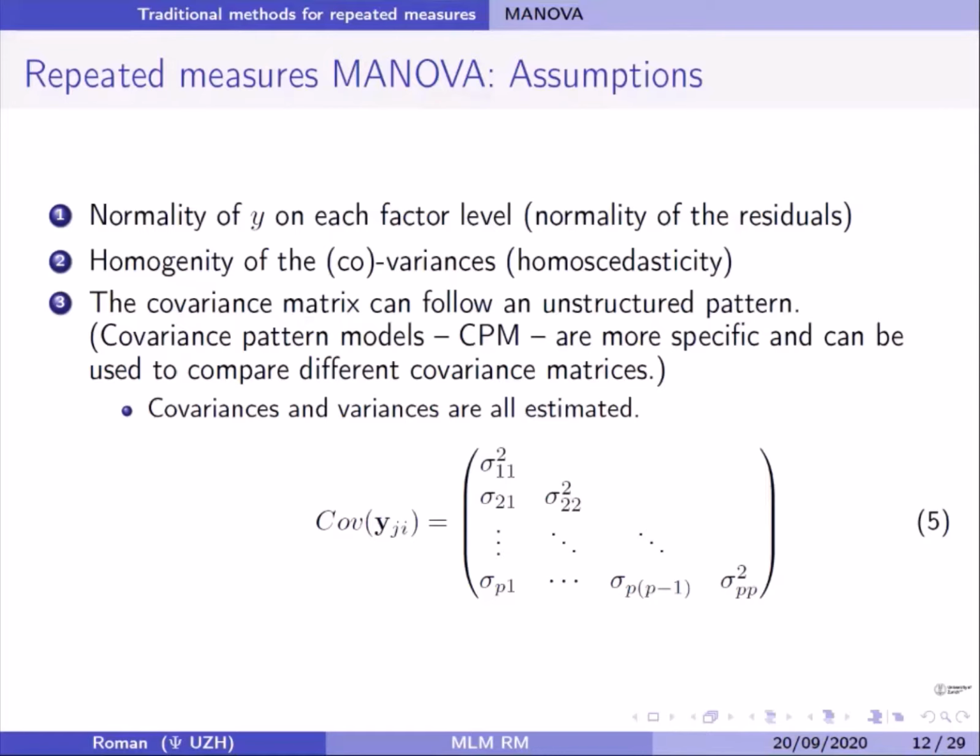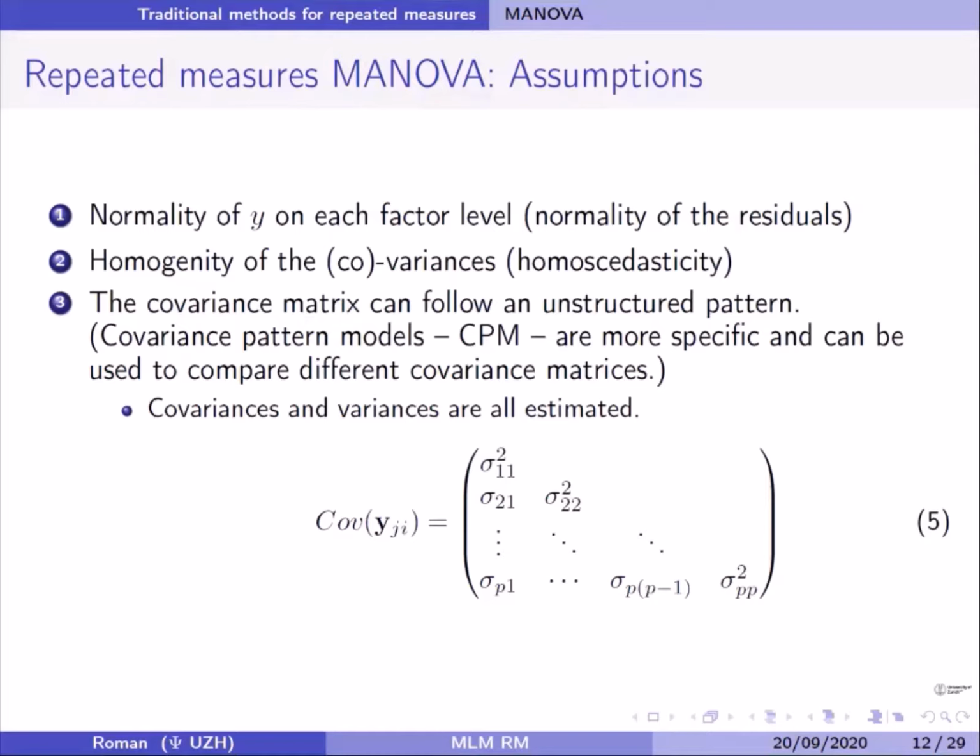So what are the assumptions in repeated measures MANOVA? We still have the normality of the residuals and the homogeneity of the covariances and variances. But now we don't have any assumption of the covariance structure of Y. So the covariance matrix is unstructured, meaning every single relationship between the measurement time points on the dependent variable is estimated.